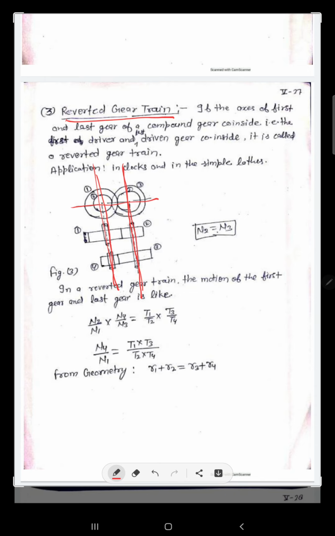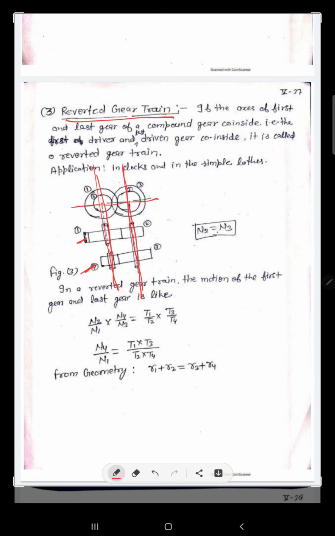So it is somewhat a different structure. If the axis of the first and last gear of the compound gear coincide, that is, the driver and driven gear coincide, then it is called a reverted gear train. You will see this is gear number 1 and this is gear number 4. Gear number 1 is the driver gear and gear number 4 is the driven gear.